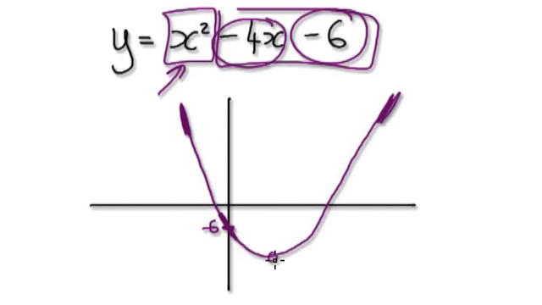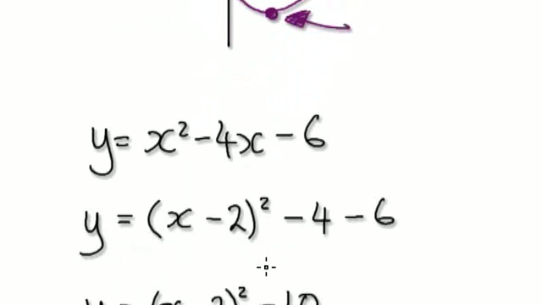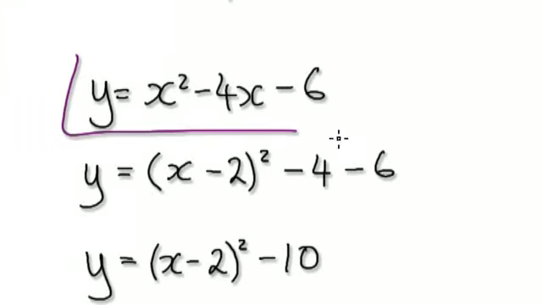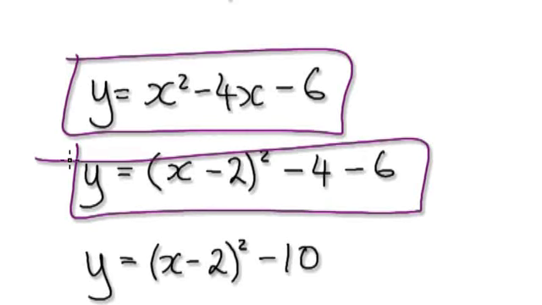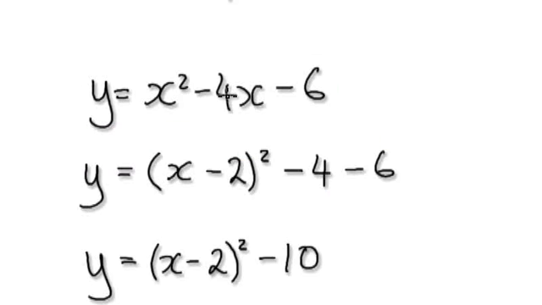And then to find out the lowest point, the turning point, we would have to complete the square. So starting out with our equation here, we would complete the square. That would take us to this. Okay, so I've done a whole section on completing the square, so if you don't understand this bit here, then watch one of the earlier videos.